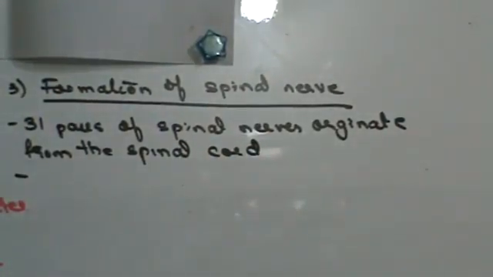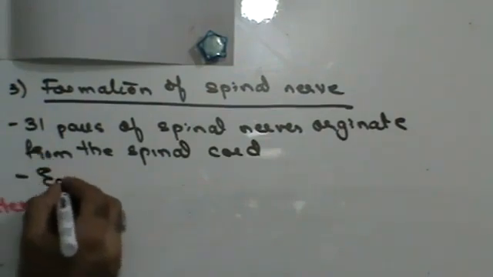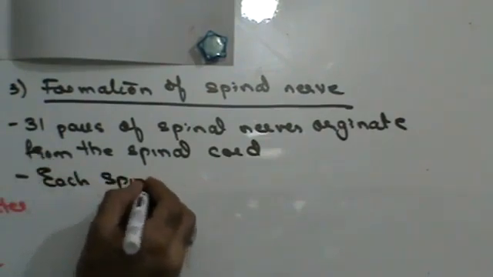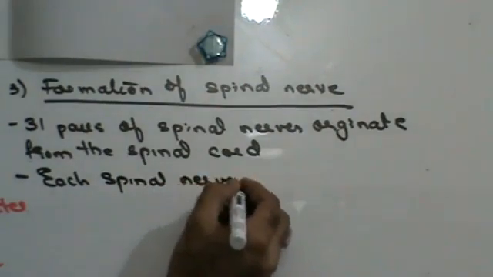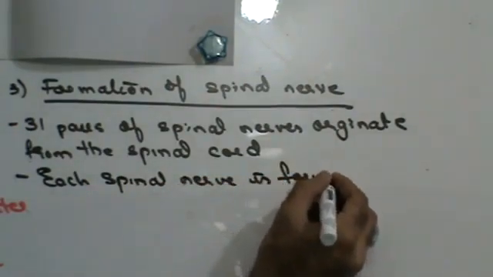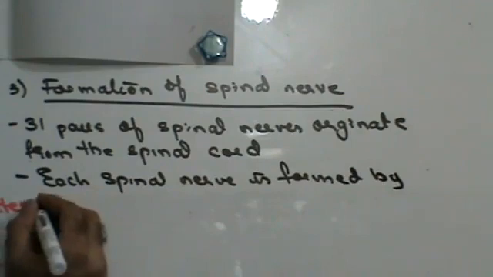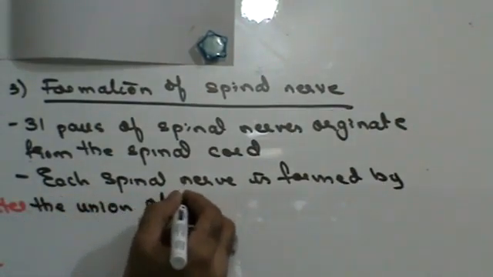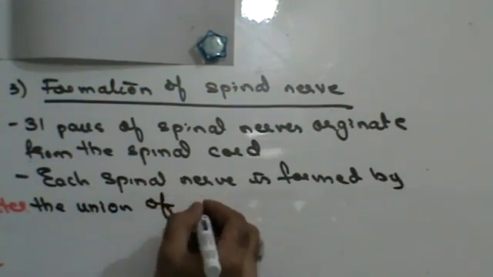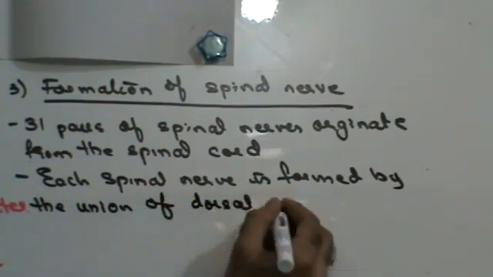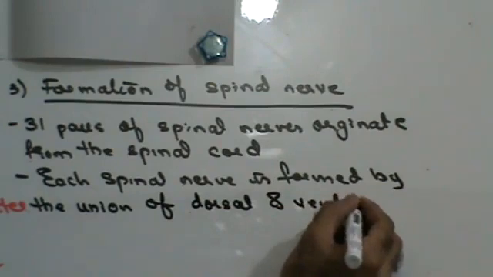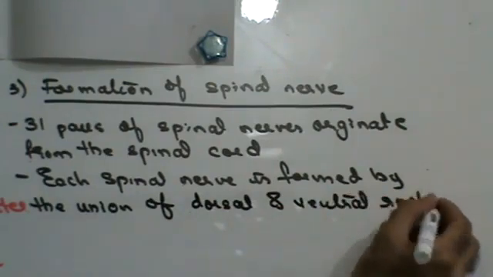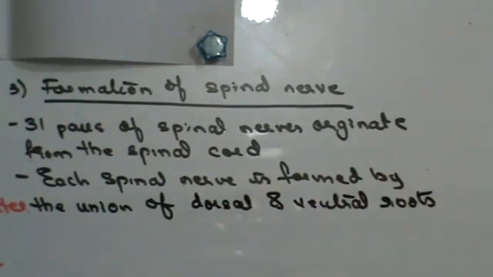Right? Each spinal nerve is formed by the union of dorsal and ventral roots of grey matter.